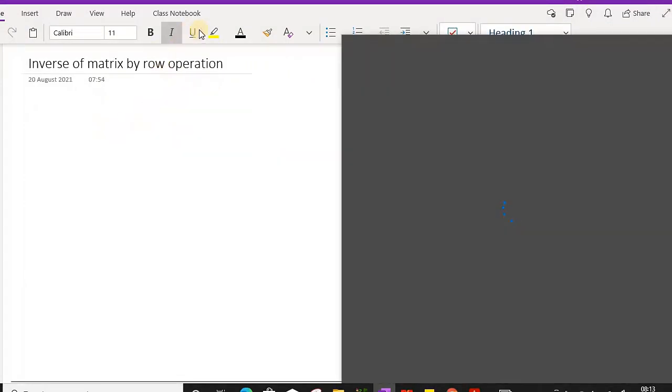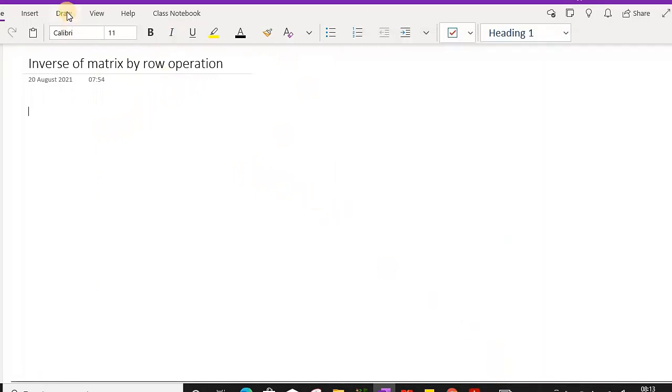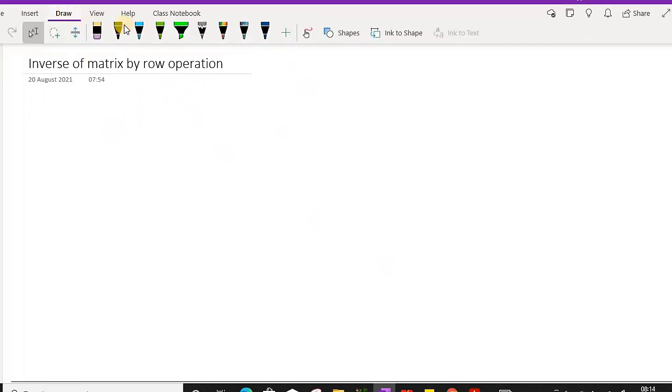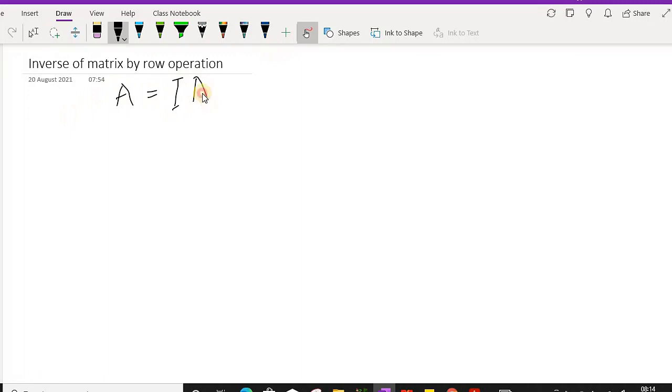If you have to find the inverse of a matrix, first of all I should write A equals IA.